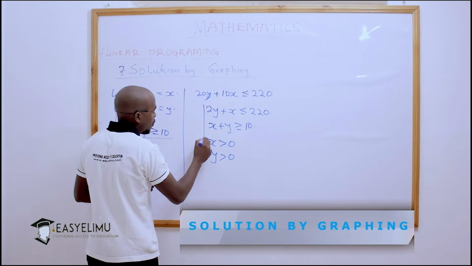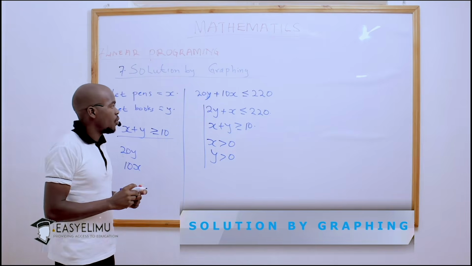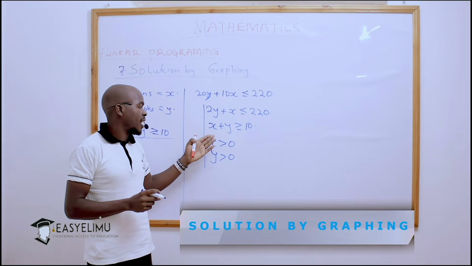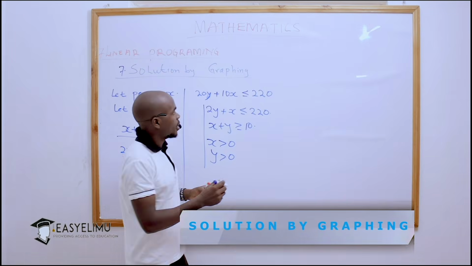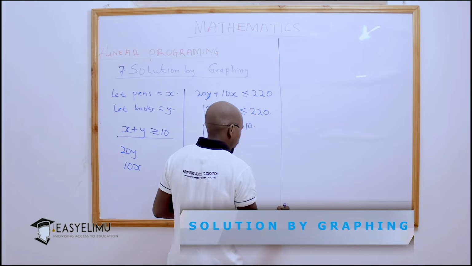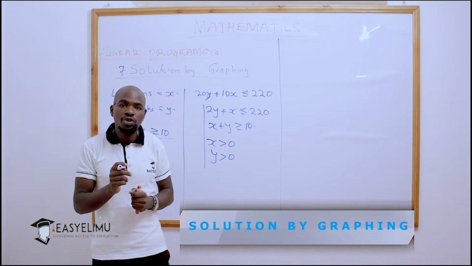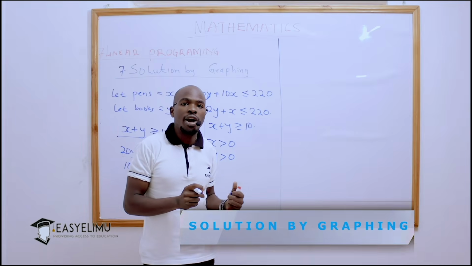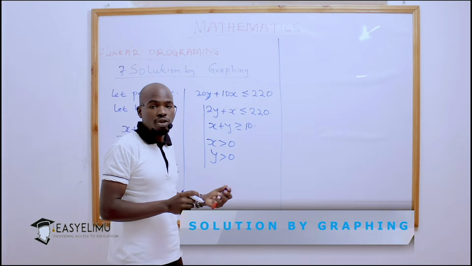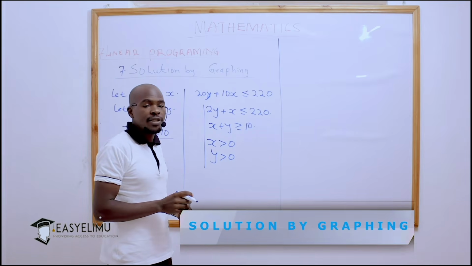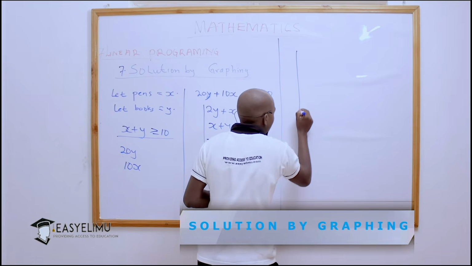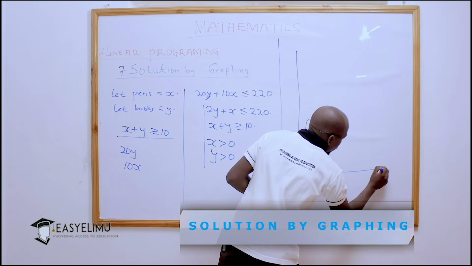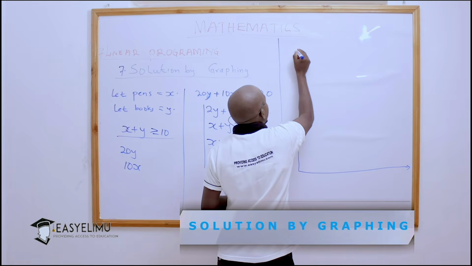So we have 4 kinds of inequalities: the first one, the second, the third and the fourth. We now need to graph them and find the possible solution. After understanding the question and forming the inequalities that are required, you now use the graph to identify which parts have been asked.